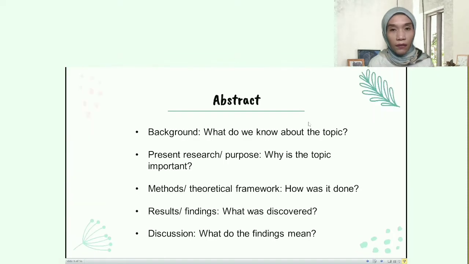As you can see, for the abstract, there are several questions you may need to cover: the background, what do we know about the topic; present research or purpose, why is the topic important; the methods or theoretical framework, how was it done; results or findings, what was discovered; and the discussion, what do the findings mean.